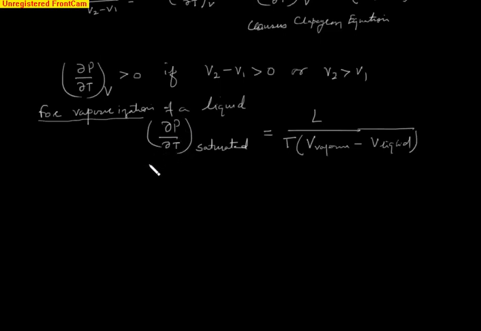Or in other words, we can say increase in pressure raises the boiling point of the liquid, or decrease in pressure decreases the boiling point of the liquid. And that is why food is cooked fast in pressure cooker, because on increasing the pressure in pressure cooker, boiling point also increases.